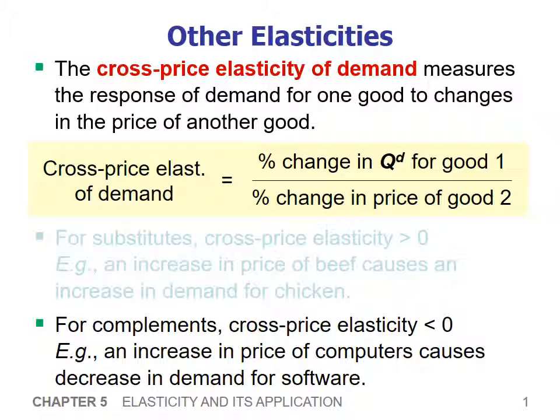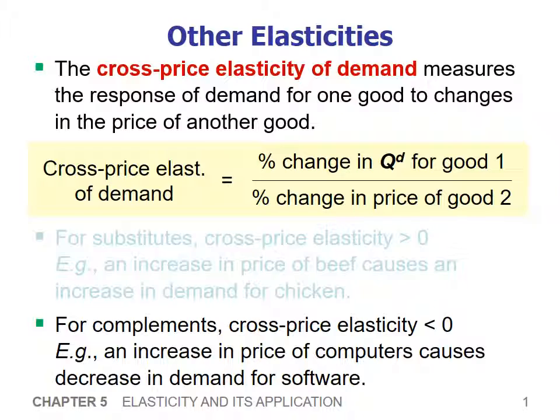On the other hand, consider the relationship between complements. Computers and software are complements. So let's say in this case, good 1 is software and good 2 is computers. As the price of computers increases, we will expect the demand for software to decrease.